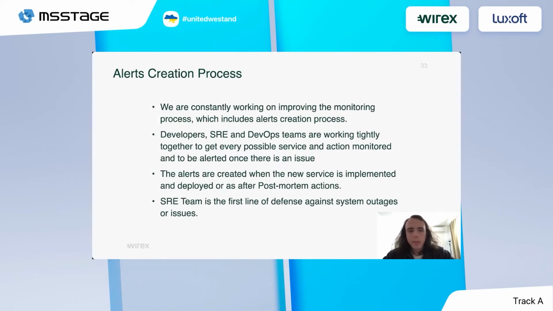Developers, SRE team, and DevOps teams are working tightly together to get every possible service and action monitored and to be alerted once there is an issue. The alerts are created when a new service is implemented and deployed, or after postmortem actions. The SRE team is the first line of defense against system outages or issues.